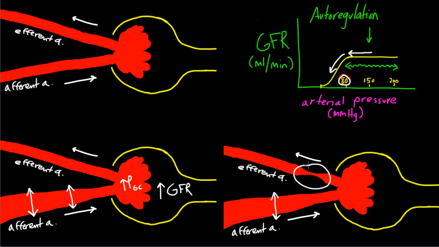This will augment hydraulic pressure proximal to the constriction. Again, this enhances hydraulic pressure within the glomerular capillary and helps to return GFR to its baseline value. Efferent arteriolar vasoconstriction is largely mediated by angiotensin II.